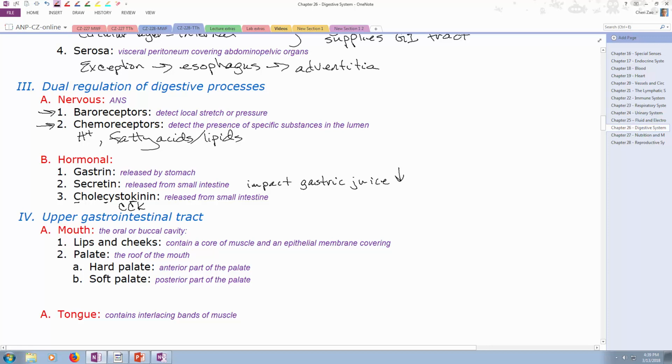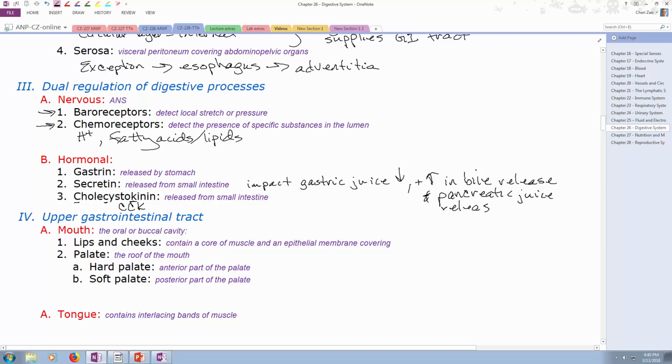It will cause it to decrease, and also will cause an increase in bile release and pancreatic juices. So secretin and cholecystokinin both will do that.